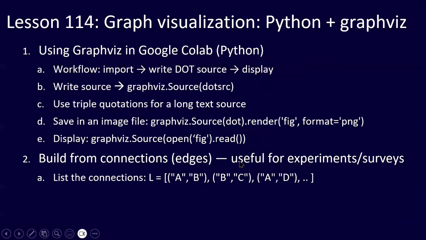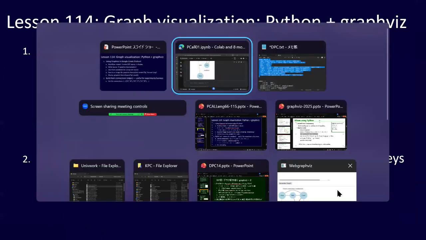Furthermore, what's good about using Python is that when we do some experiments, we have some relations listed in a list like this. In this case, we can use this list and make a new graph automatically. So let's try that.